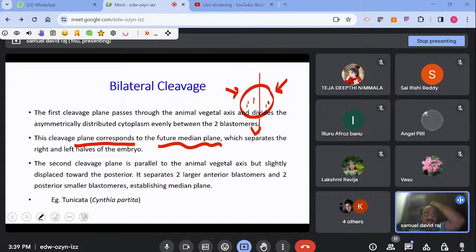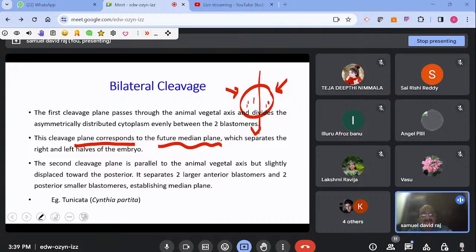It runs through the center of the head, and if at all we have a tail, like reptiles, till it reaches the posterior part. So there is an axis which passes through the center of the head, from the anterior end to the posterior end. This is called the central median axis, which runs antero-posteriorly. That is our median plane.